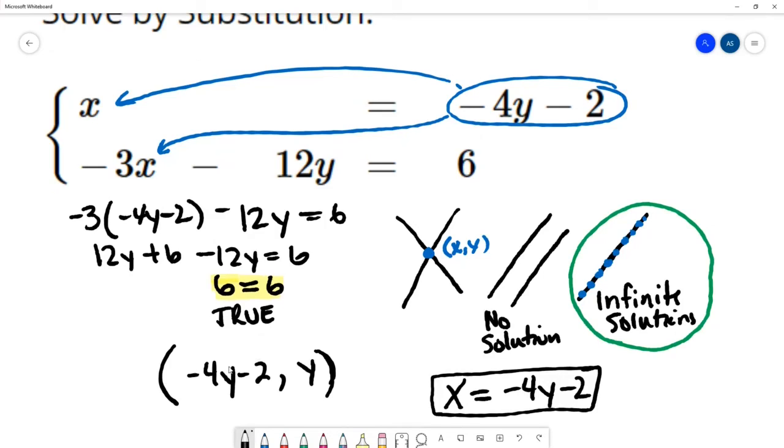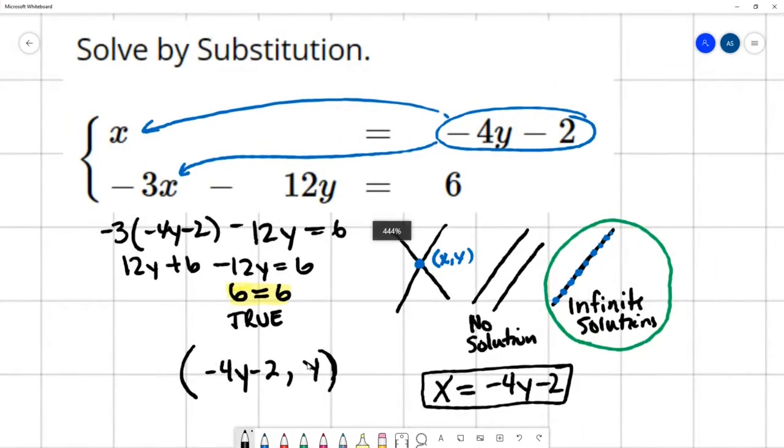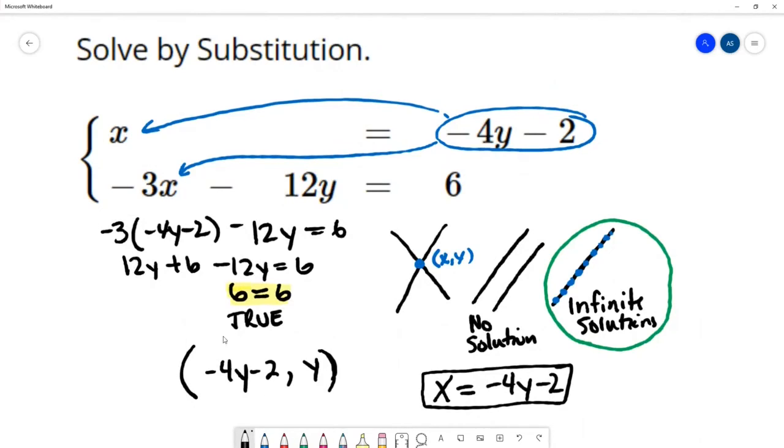So I know the x coordinate will be negative 4y minus 2, and the y coordinate will be just y. So all of the ordered pairs will follow that pattern to be a solution to this system.